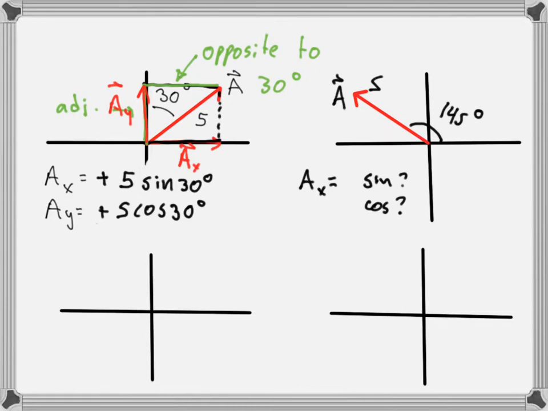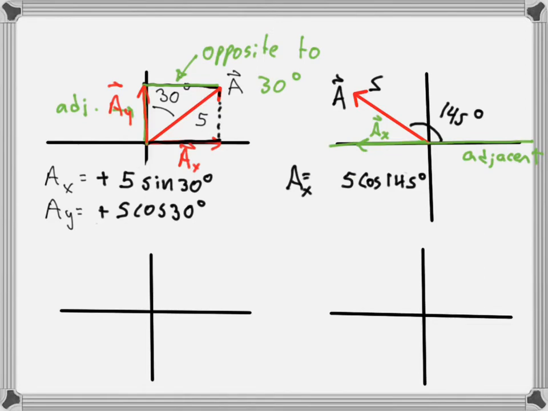Again, maybe at this point you're catching on to the idea that before you do any calculations regarding the components of a vector, I want you to always take the extra 2 seconds to draw the x component vector and the y component vector. So the x component vector of A points that way. Notice that it's pointing to the left. It falls on the adjacent side of 145. That means that we're going to use the angle of 145, but the cosine of it.